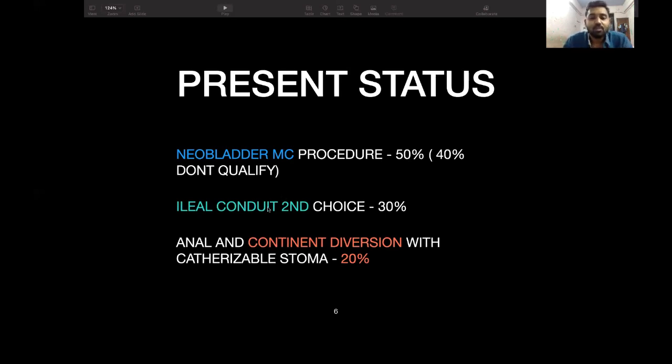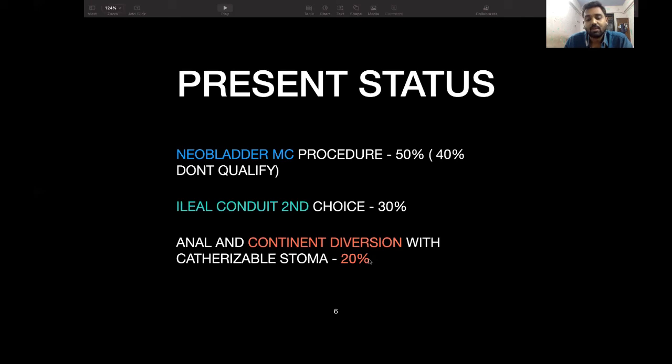The second most common type of urinary diversion is the non-continent cutaneous diversion in the form of the ileal conduit, which totals up to 30% of the total types of urinary diversion. And the last type, the continent cutaneous diversion, accounts for about 20%.